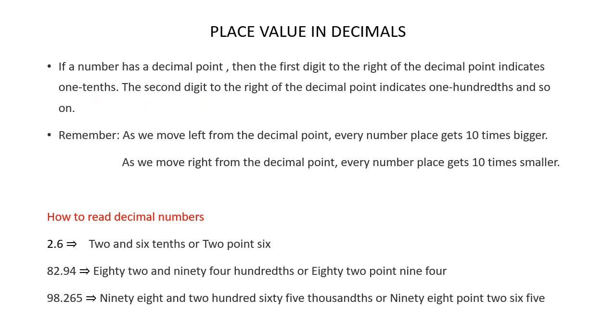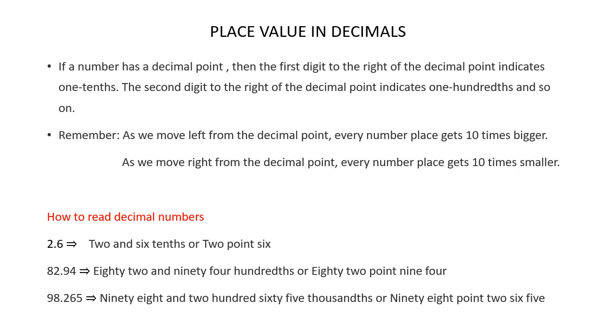The second digit to the right of the decimal point indicates 1/100, and so on. Remember, as we move left from the decimal point, every number place gets 10 times bigger. As we move right from the decimal point, every number place gets 10 times smaller.